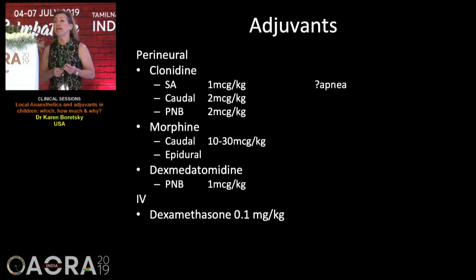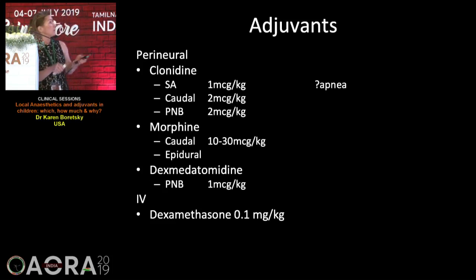All of these adjuncts in animal studies, if you give them with your local anesthetic, they do increase local nerve toxicity. We haven't seen that be clinically significant, but the caveat being that whenever you do an adjuvant, always use the lowest possible dose because of the lack of data.